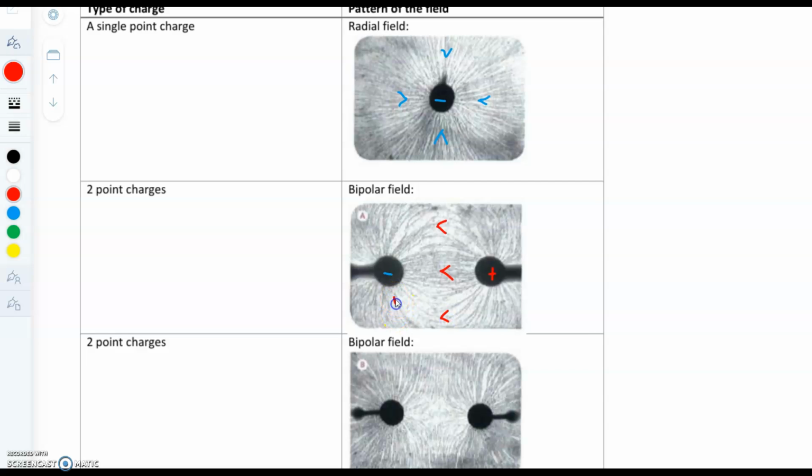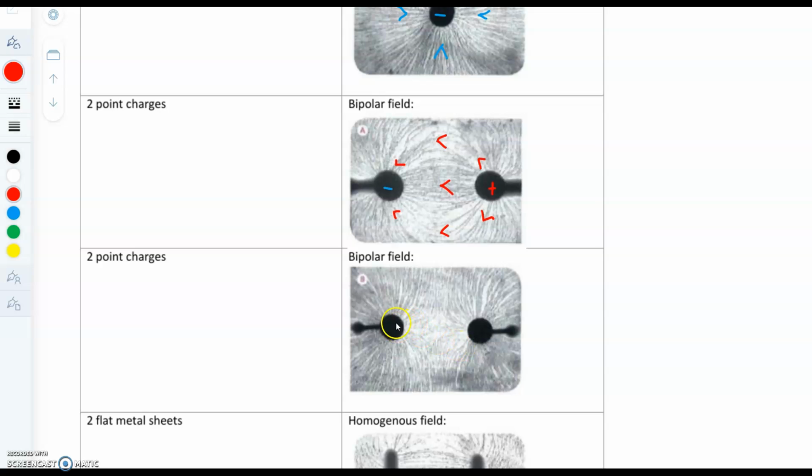And they'll be pointing towards it here in such a way. Now, let's assume these are both positive in the next example, and what we'll see is that the field lines will go upwards and will be pointing away from each other in this case. If they were negative, they would both be going towards them.